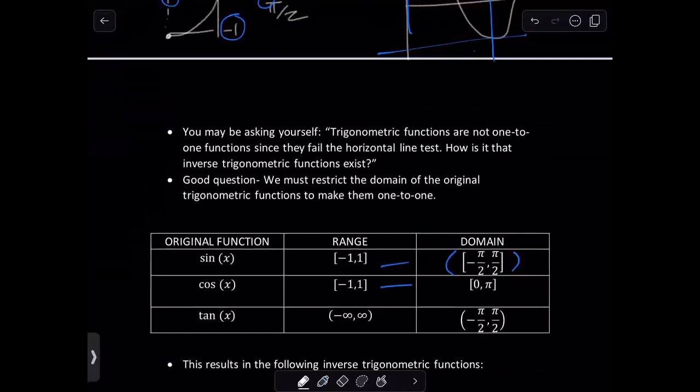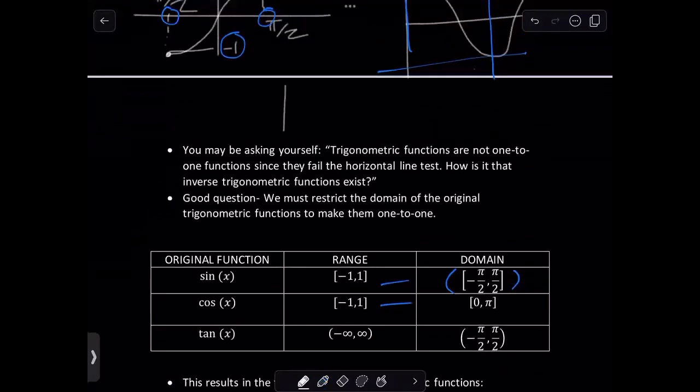Let's take a look at tangent lastly. Tangent has an asymptote at pi over 2 or 90 degrees and minus pi over 2 or minus 90 degrees, if you want to work with degrees. Notice that that's why we have round brackets, because at pi over 2 and at minus pi over 2, tangent is undefined. It has those asymptotes.